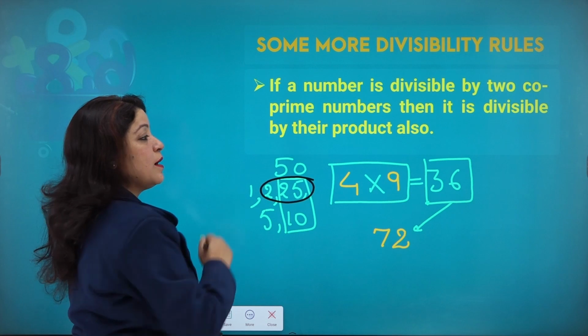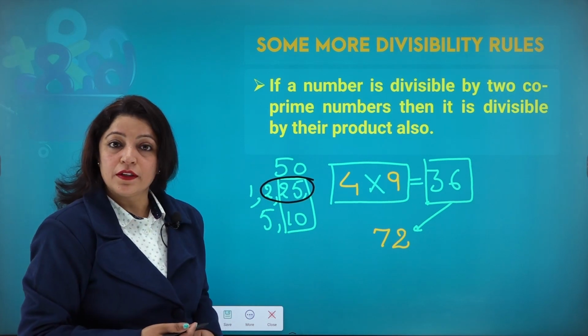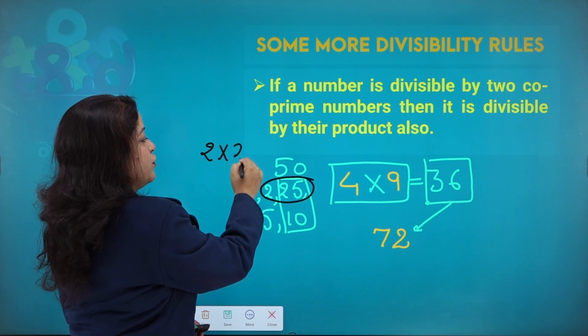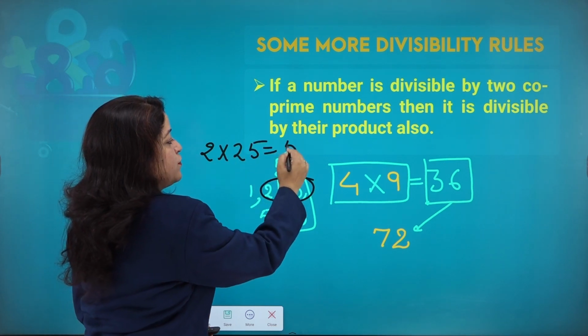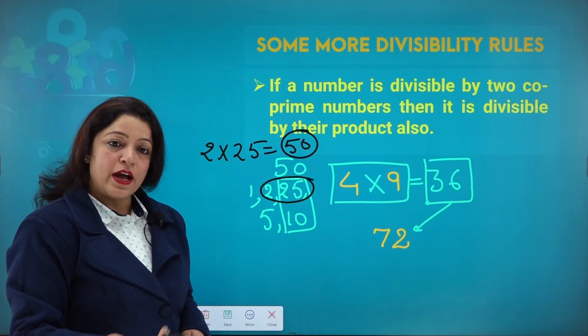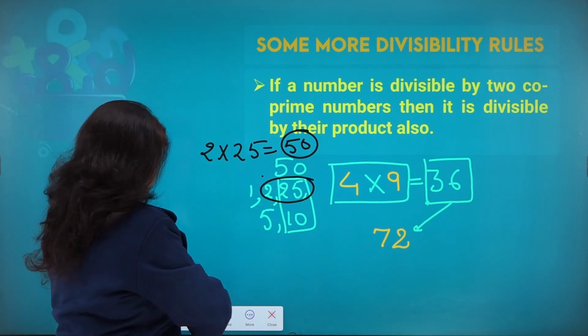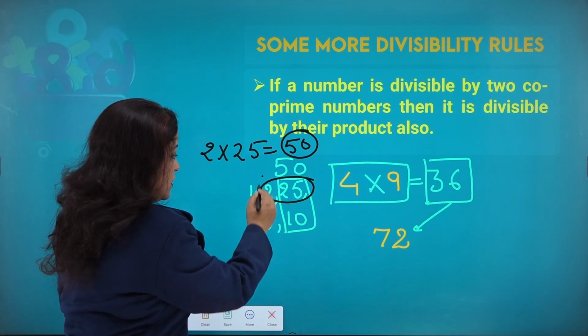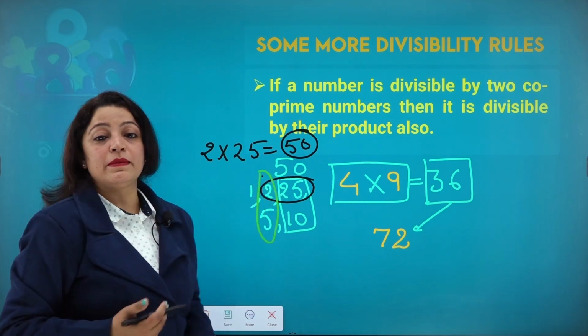So will 50 come in the product of these two co-prime factors? 2 into 25 will give you again 50. And yes, 50 is divisible by 50 also. You may try one more example, say 2 and 5. Just check, are they co-prime numbers?